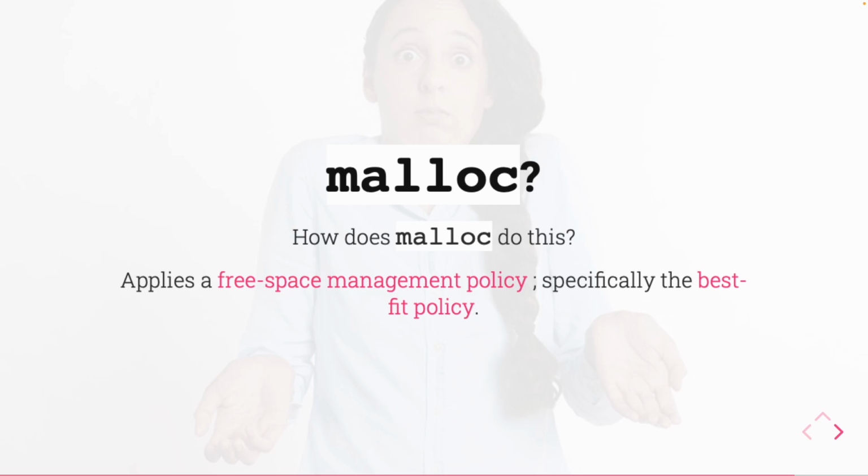The best fit policy finds the region of free memory that is closest in size to what we're allocating, which is this one. I'm just going to label this. Best fit puts it here.